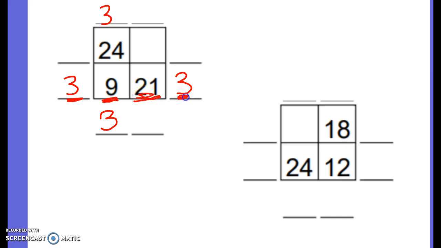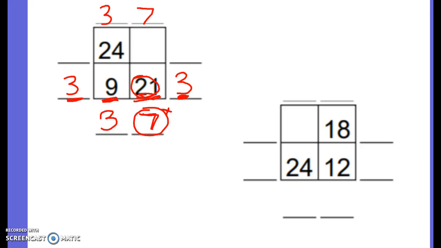Over here, I can do the same. What number times 3 is 27? Or I'm sorry, is 21. That number is 7, because 3 times 7 is 21, right? Since I wrote it here, I'm also going to write it across. And then I just have to fill in some blanks.